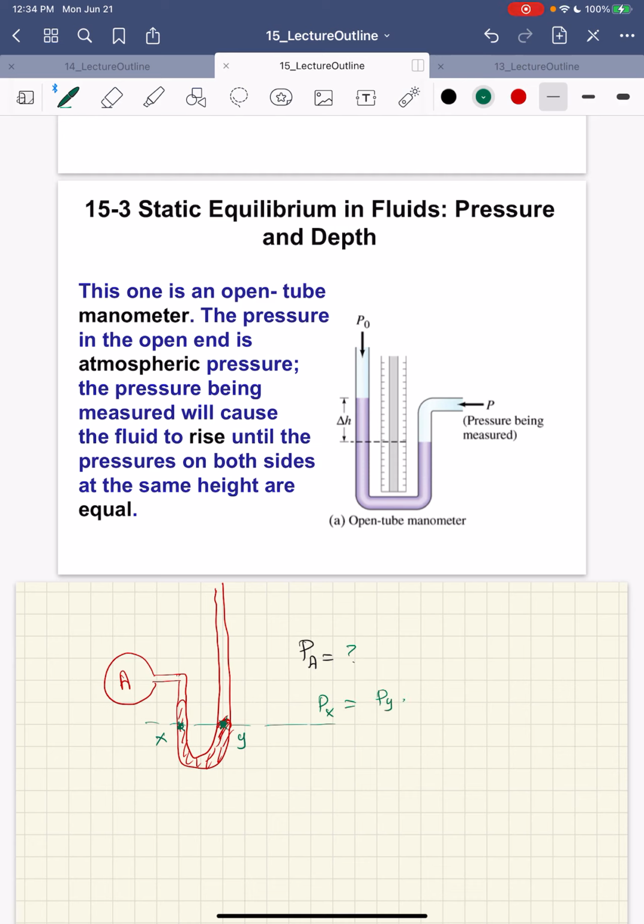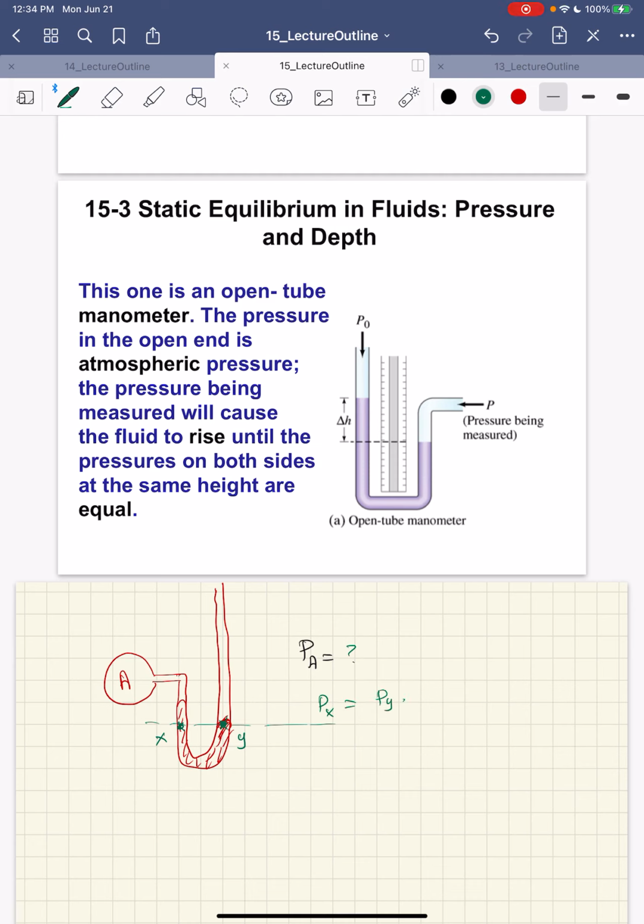Then I will say P atmospheric, the pressure from the atmosphere, plus rho g h on side A equals P atmospheric plus rho g h on side B. I can cancel the atmospheric pressure from both sides. For the oil, it's rho oil times g times D1. For the water, the pressure is rho water times g times D1 minus D2.